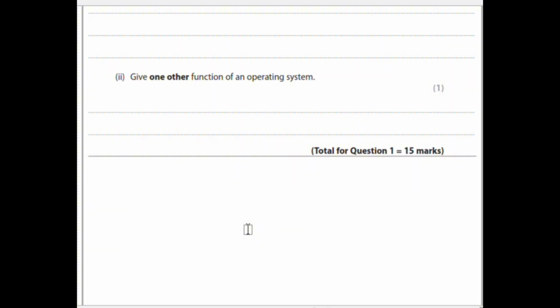Okay, one function of the operating system is what we call memory management. The OS will manage the main memory.